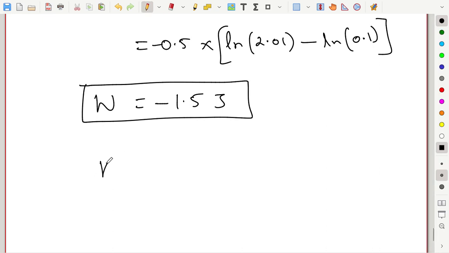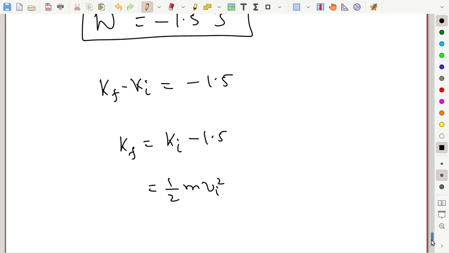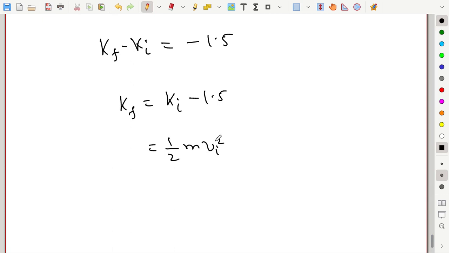Okay, so this work done is equal to the change in kinetic energy. The change in kinetic energy is kf minus ki, equal to this W, which is minus 1.5. So we have to find k initial in order to find kf, or we can write kf equal to ki minus 1.5. So ki is half m vi square. We have the mass of the block and the initial velocity.